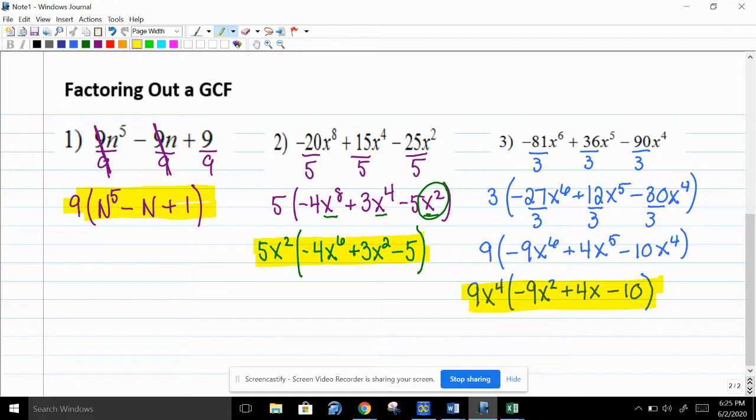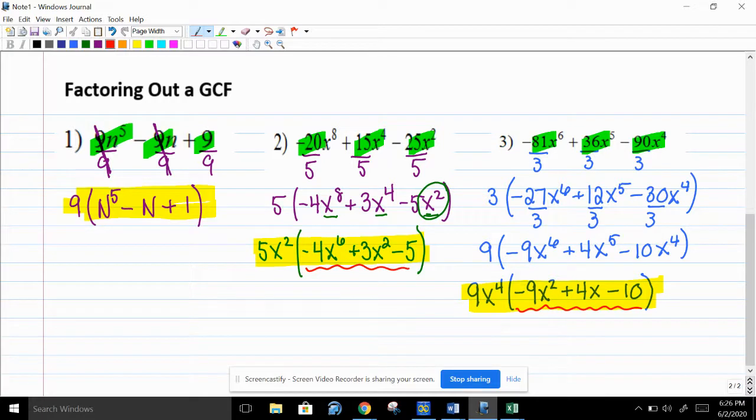One thing I want to make sure that you guys are aware of here. If I go back to the beginning of these problems, we started with 3 terms, right? I had trinomials, 1, 2, 3, 1, 2, 3, 1, 2, and 3. When you factor out that GCF, you should still have a trinomial.